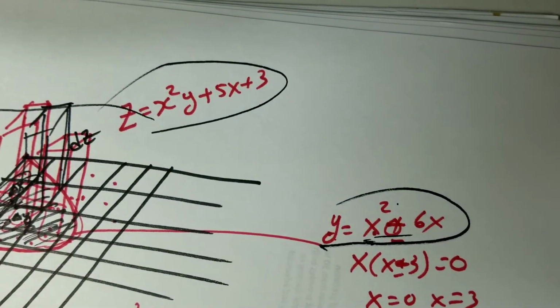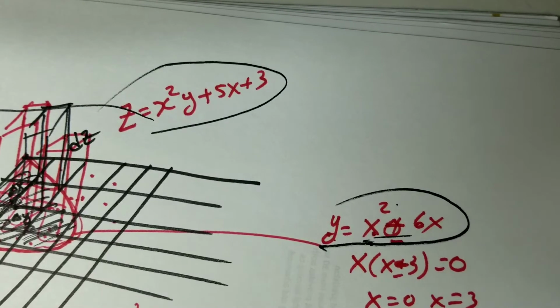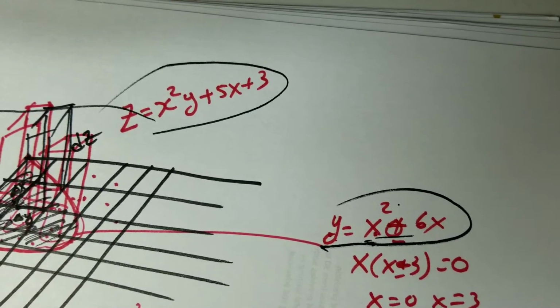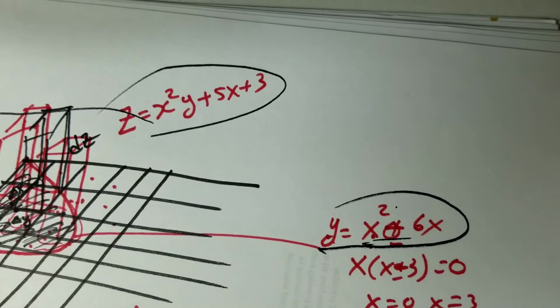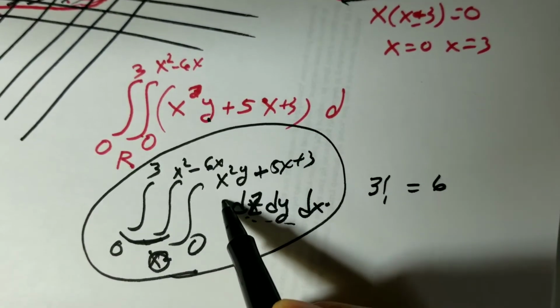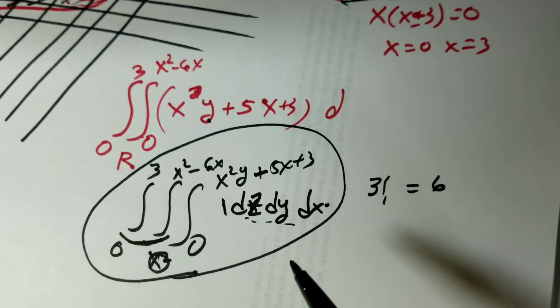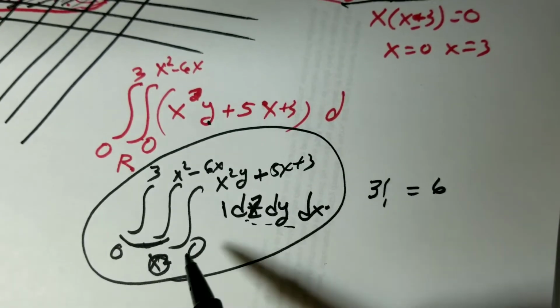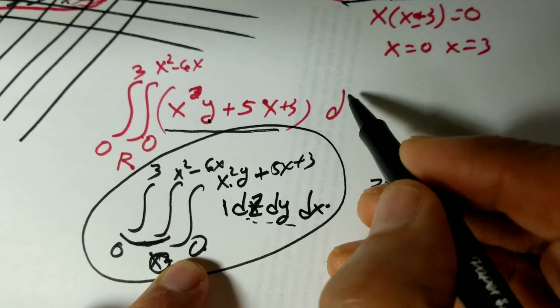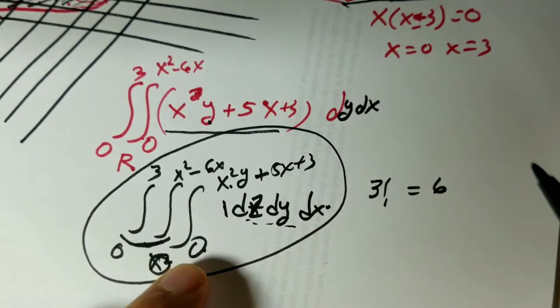Therefore, you go from 0 to x squared y plus 5x plus 3. And that will give you the volume, and it's going to give you the same answer as that one, because when you integrate 1 dz, it becomes z, and it becomes from 0 to that one, and this is exactly what you have right here, and this is dy dx.